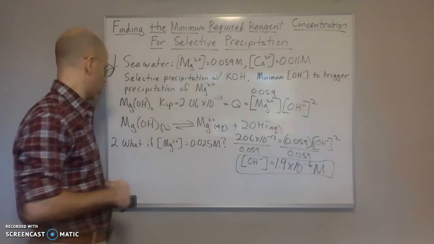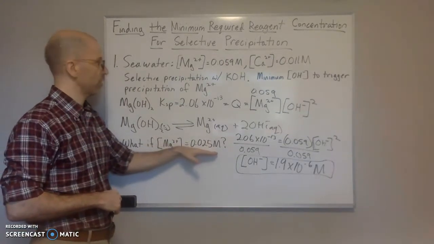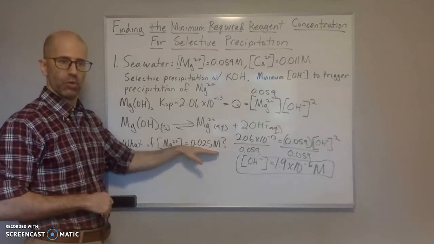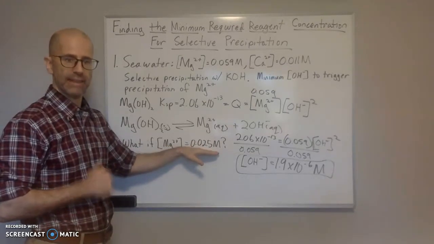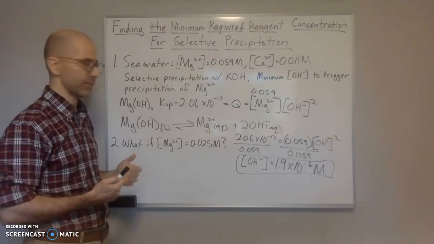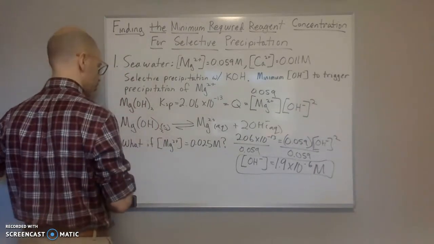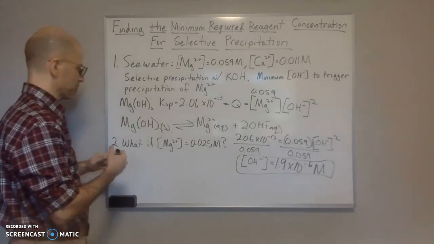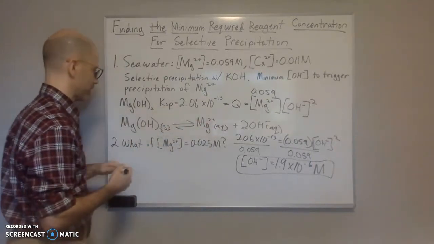What if you are starting with this concentration of magnesium? What would the minimum be at that point? Well, you would just do the same calculations as before. In this case, KSP is the same.